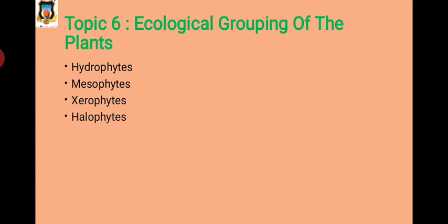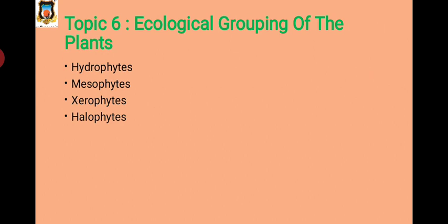On the basis of water requirement, plants are classified into four major groups. First is the hydrophytes, then mesophytes, xerophytes, and halophytes. Hydrophytes are also called aquatic plants, plants living in a large amount of water. Mesophytes are also called terrestrial plants, plants that survive in normal water conditions, and they occupy an intermediate position between hydrophytes and xerophytes.